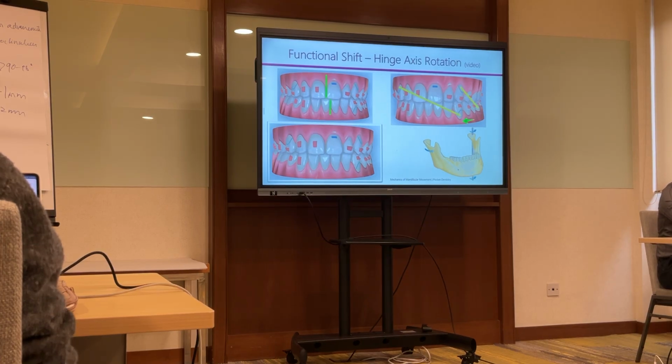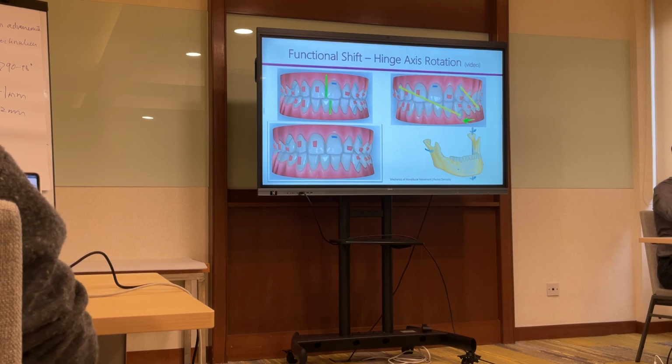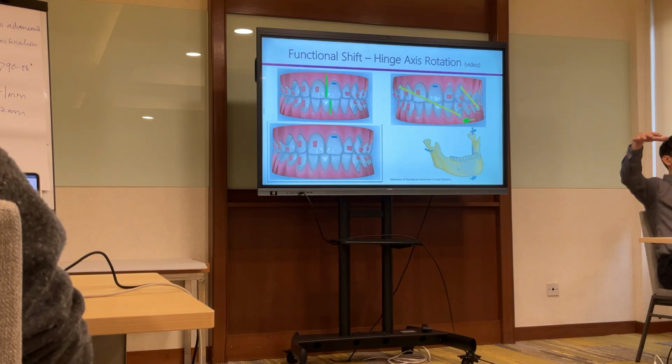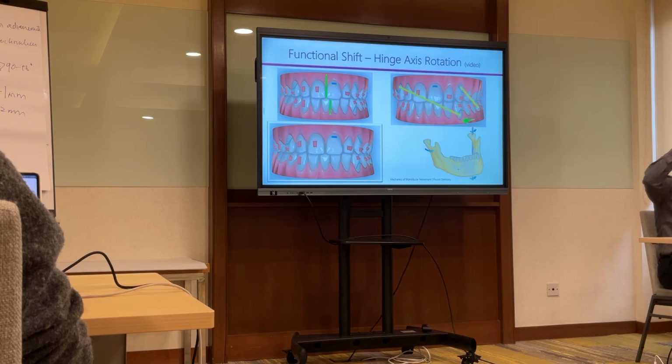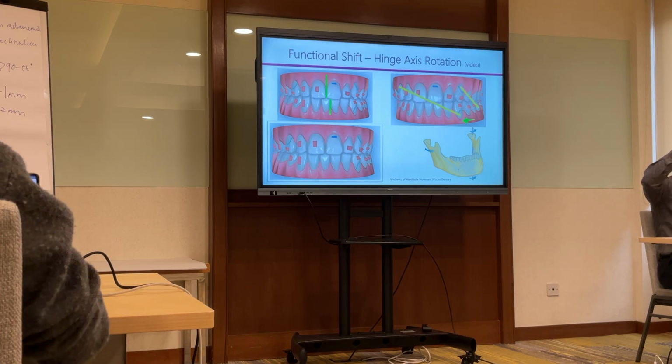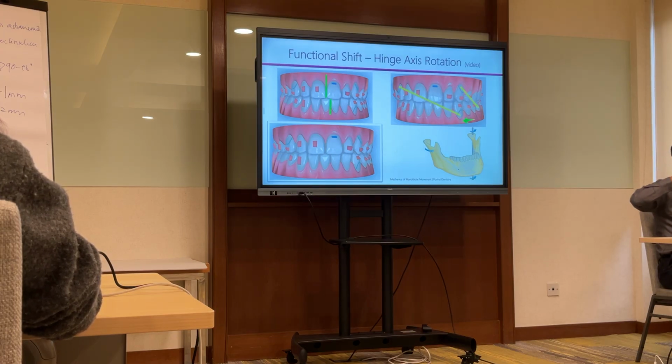Okay? So when the setup comes to you, you'll see in the setup that everything is getting straight. The setup cannot correct the functional shift. It can only straighten teeth. At the end of the setup, you will see a jump. Jump is, you will see that the midline suddenly moves to one side.